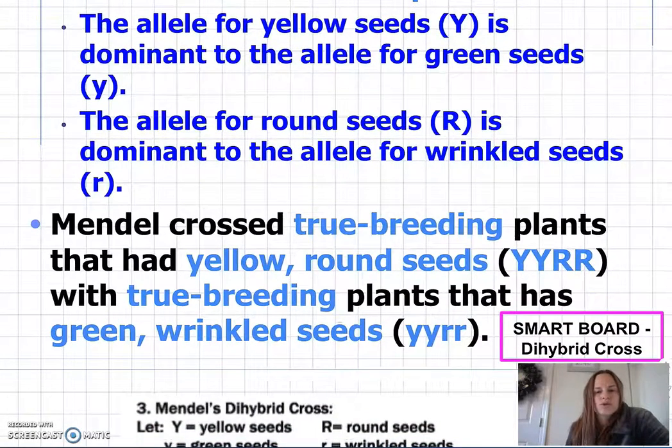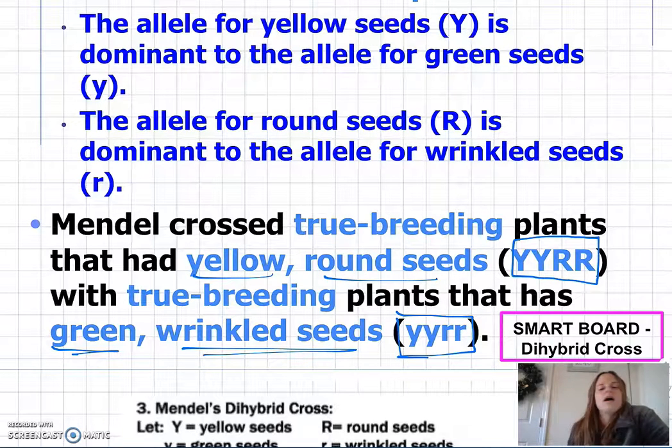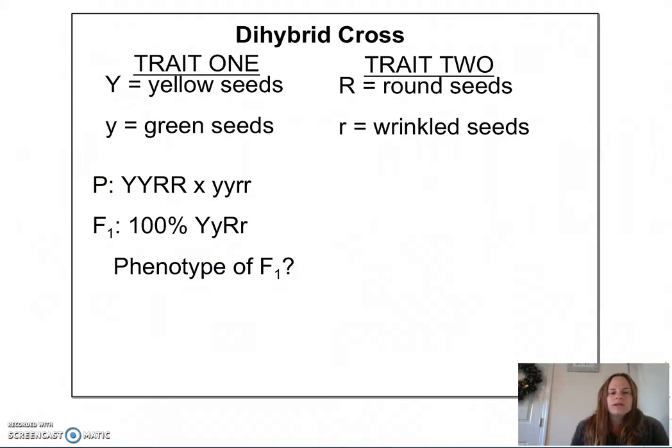So he took a true breeding yellow round seed, which means that it was homozygous dominant for both of those characteristics, and a true breeding green wrinkled seed, which showed the recessive characteristics, meaning that they were both homozygous recessive.